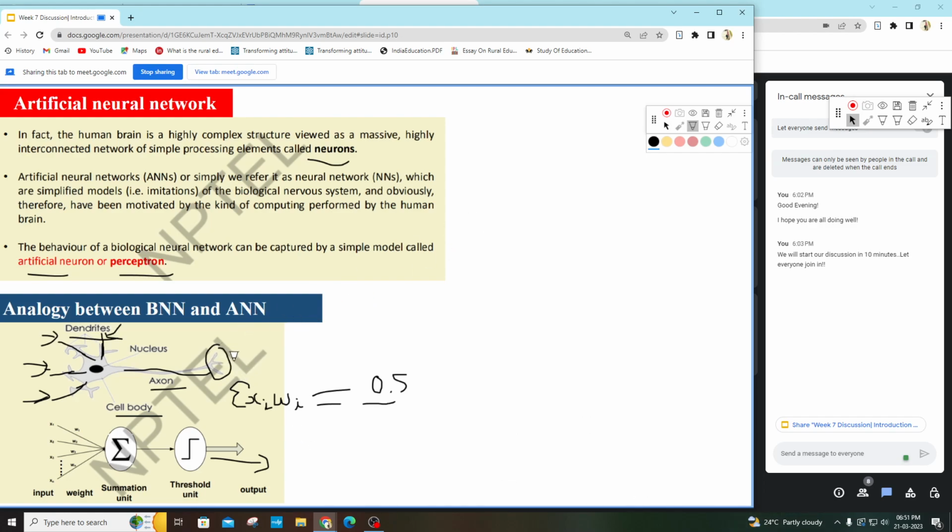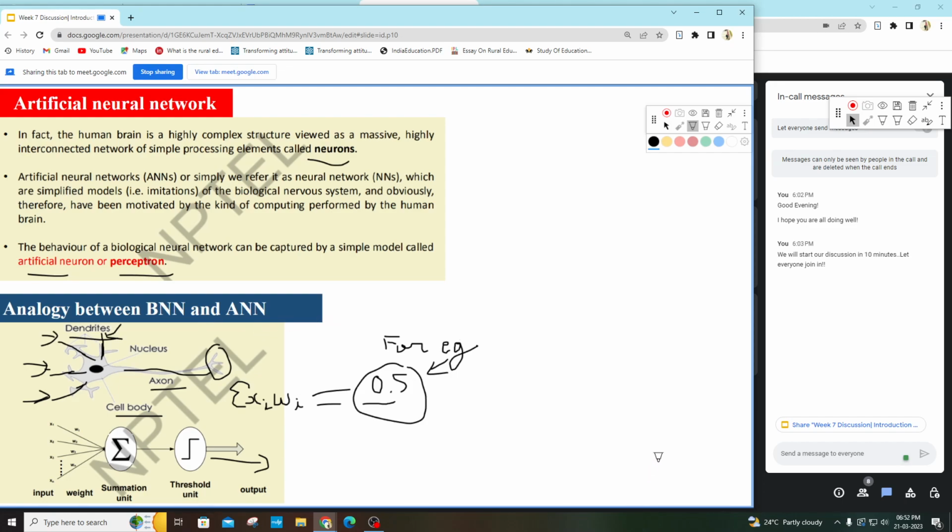So this axon will be transferring this information only if this information is of some importance, or this information is more than a threshold value. This is for example only, right? So if your output is greater than this threshold value, then your neuron will pass that information, otherwise the neuron will not pass the information. So this is the analogy between biological neuron and your artificial neuron.